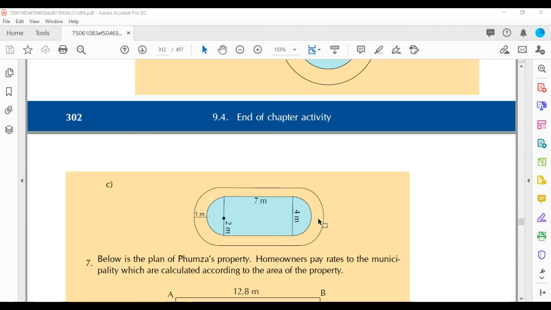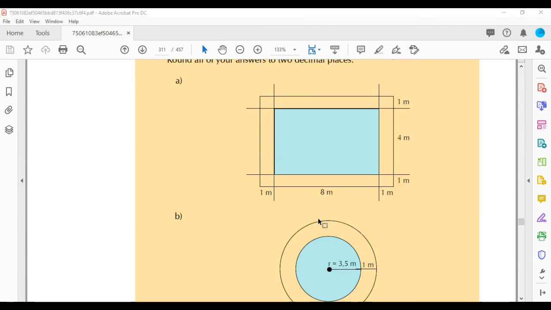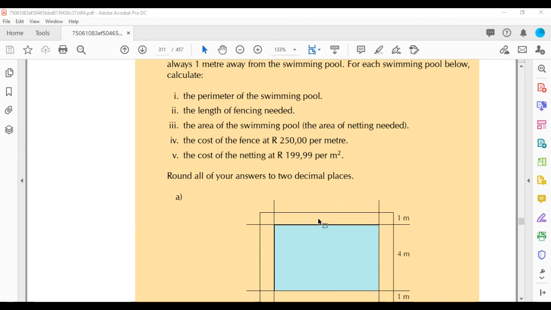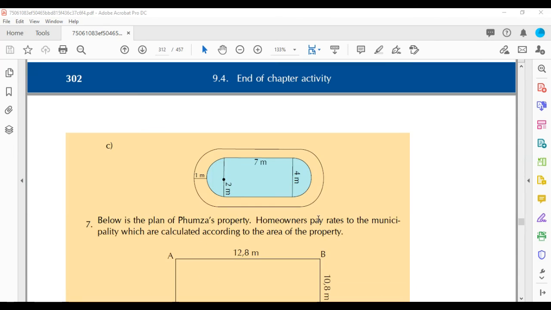So you go and look at item 2 up to item 5. I'm just going to calculate the perimeter, and we are going to calculate the area. That's all.